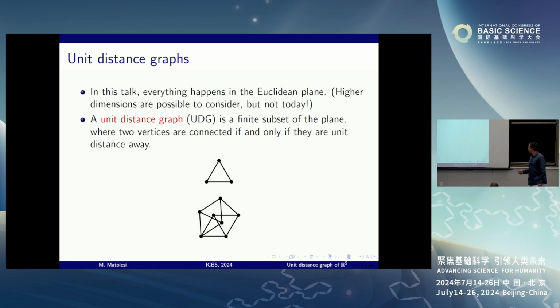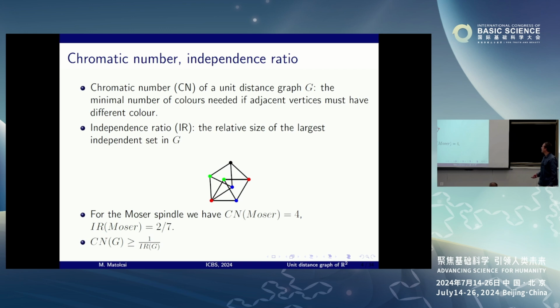So why is this interesting? Well, we will see in a moment that we can introduce several parameters of unit distance graphs that mathematicians are interested in. The first and maybe the most famous of the parameters is the chromatic number. By the way, the notation in this talk will be simplified.